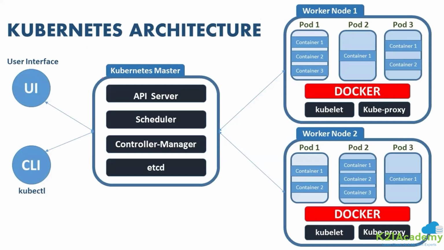If you want to interact with the Kubernetes cluster, you can go with UI, you can go with CLI, both are fine. And these are the four important components required for the API server. They need to be there on the master node, the master server on the control plane. Then only we call that server a master.